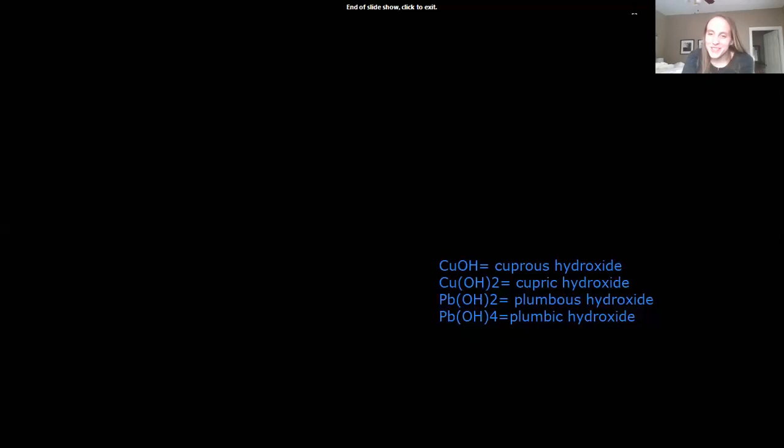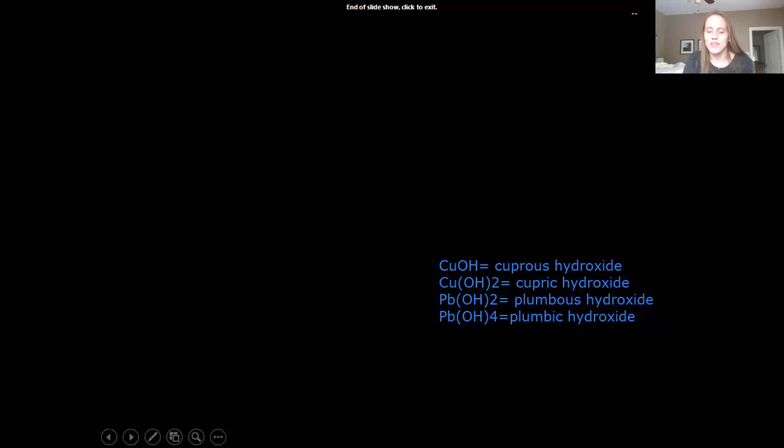These are the answers that you should have got. If we compare our 2 coppers here, the one on the top has the lower charge. We start with copper, which is cuprum, and because it's the lower charge, its ending gets changed to -ous, so cuprous, and then hydroxide to represent the OH.